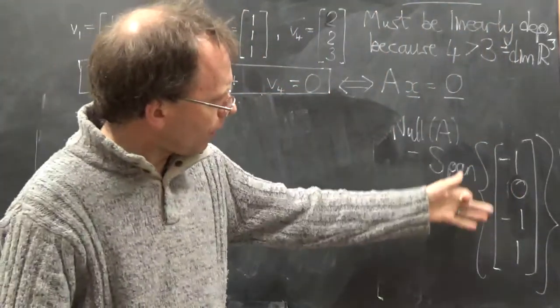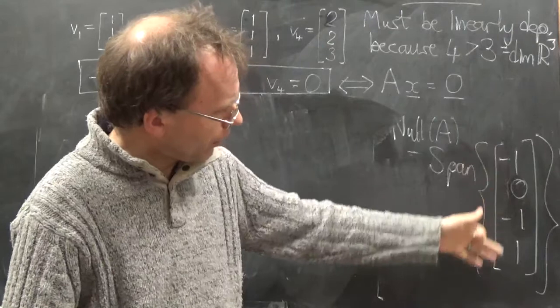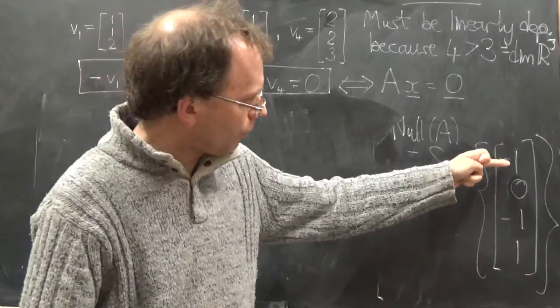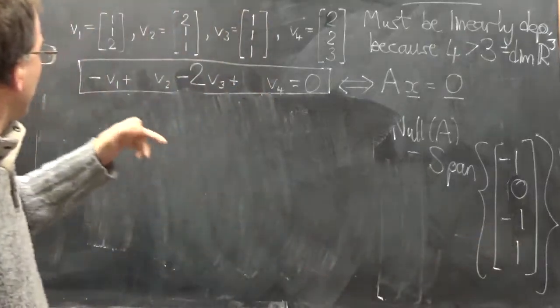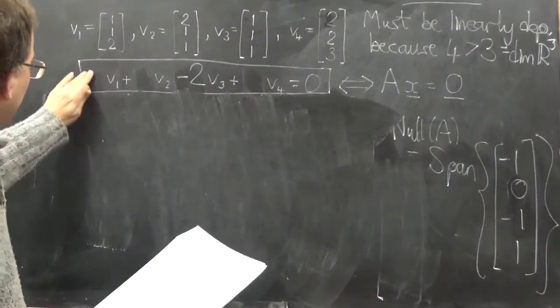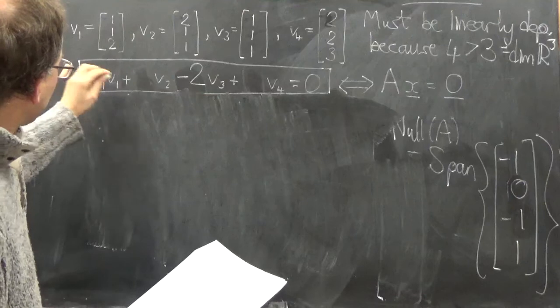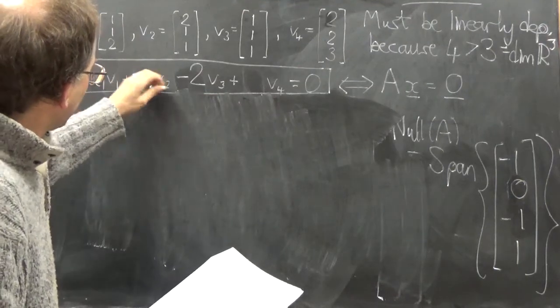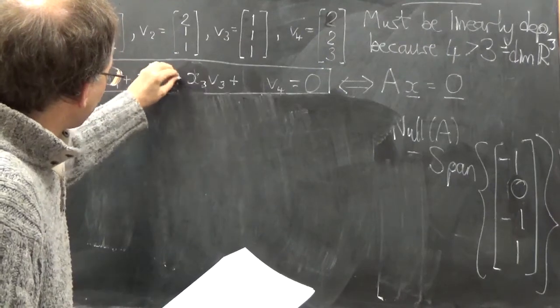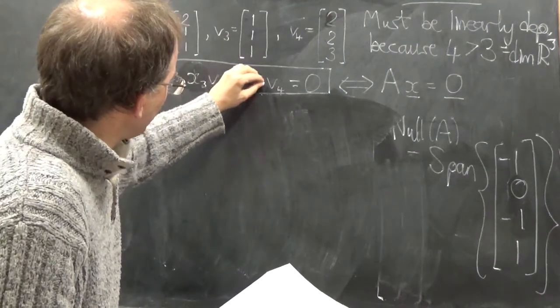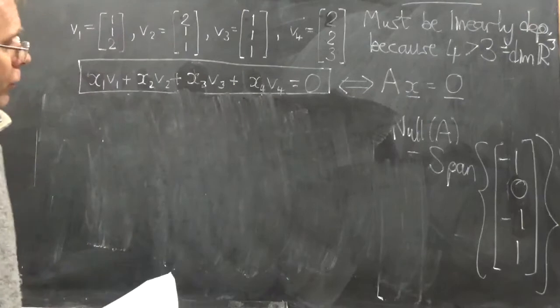Now these aren't the vi's or anything. You remember what these are. This is x1, this is x2, this is x3, this is x4, where these x's are the coefficients in a linear dependence relation. And strictly speaking, I should say it's only when they're not all 0 that it is a linear dependence relation.